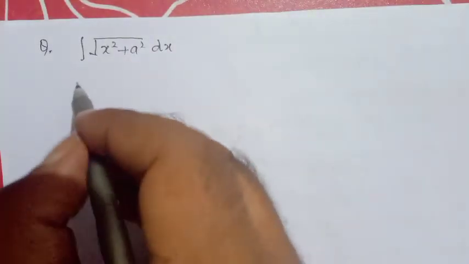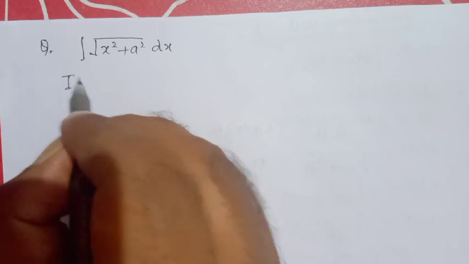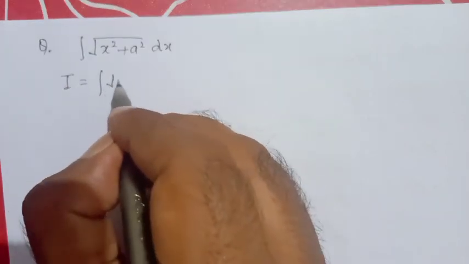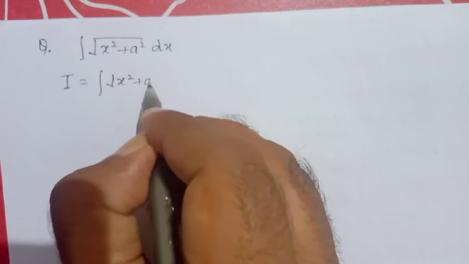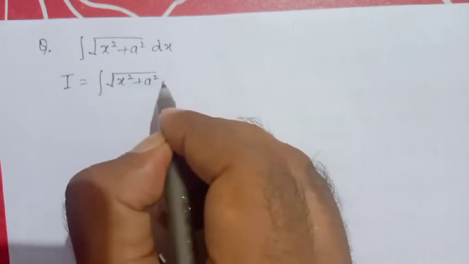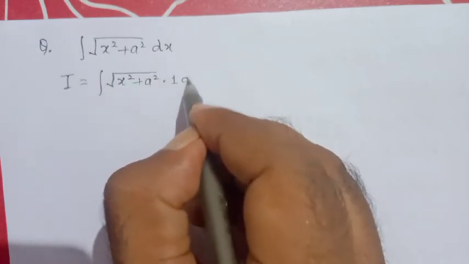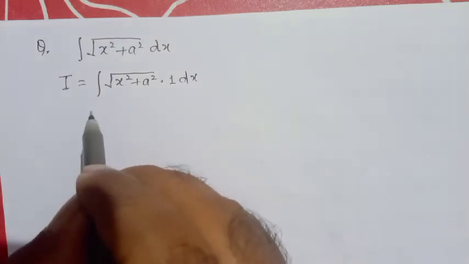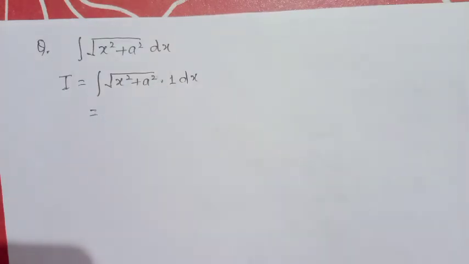Like I should be equal to integral of under root x square plus a square into 1 dx. Apply integration by parts here. Integration by parts means under root x square plus a square as first function, or you can say u, and 1 is v.